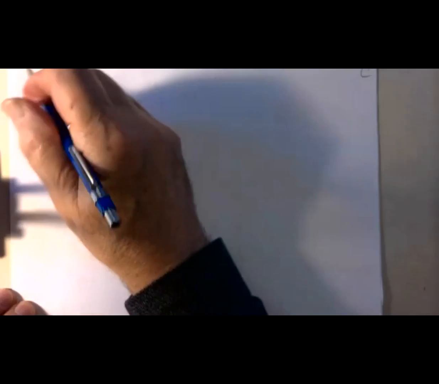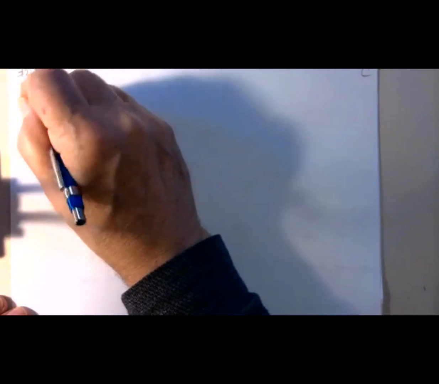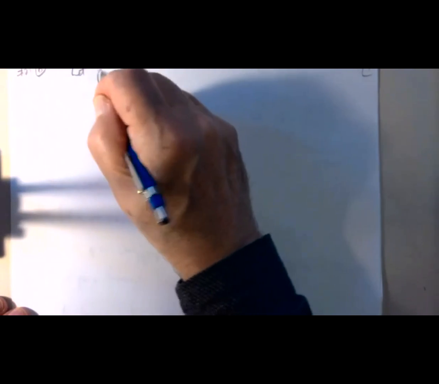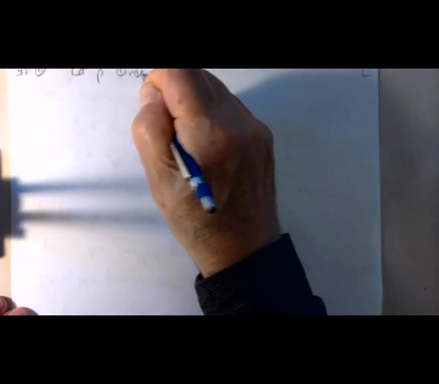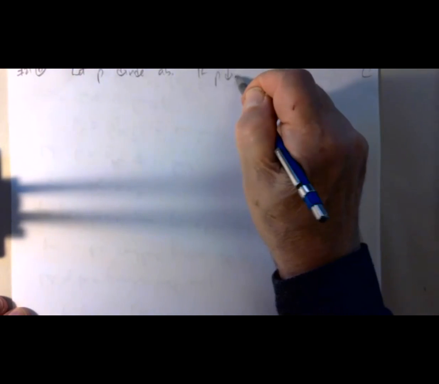Sure. So this is number 21B. So let P divide AB. If P divides A, we're done.